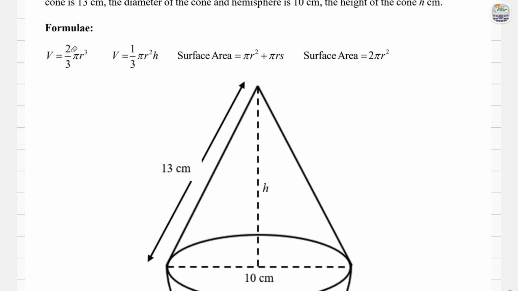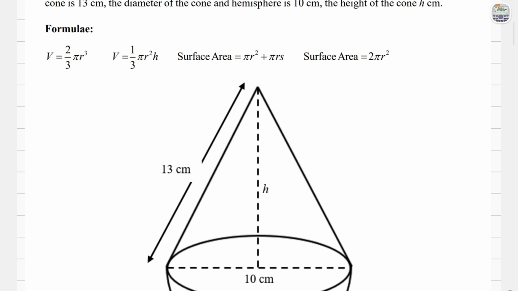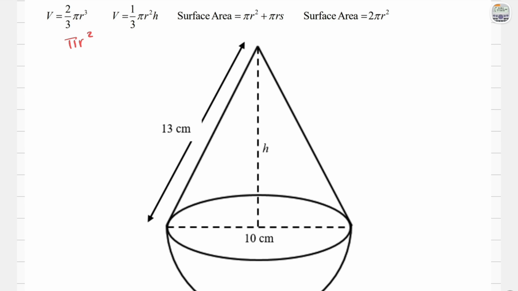So the volume equal to 2 over 3 pi r cubed, okay, so you can see that we had pi r squared, which is clearly the area of a circle, and then we have 2 over 3, and then pi was multiplied as well. That is the volume of the hemisphere, because we know that the volume of a sphere is 4 over 3 pi r cubed.